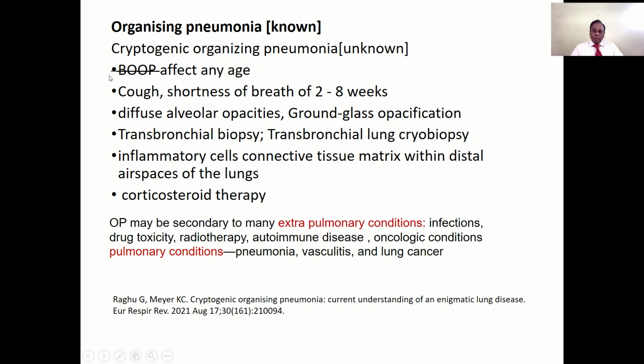We should not use BOOP; you should use only organizing pneumonia. If you are able to identify some cause for organizing pneumonia, then you can name that cause. If you do not find any cause after extensive investigation, then the condition is called cryptogenic organizing pneumonia, COP, either OP or COP.